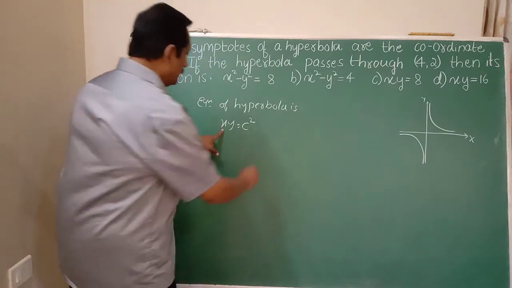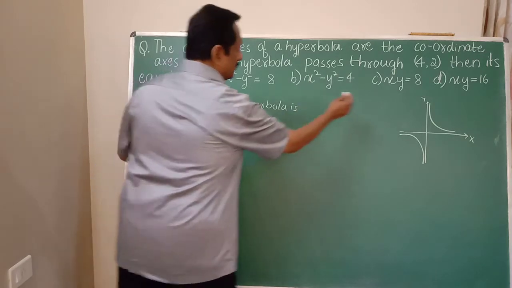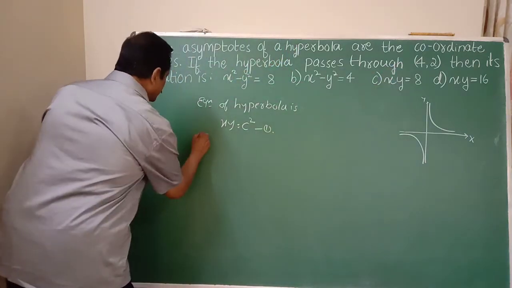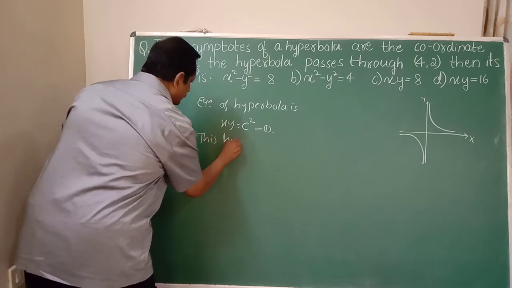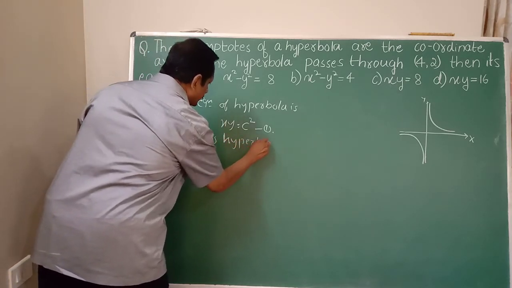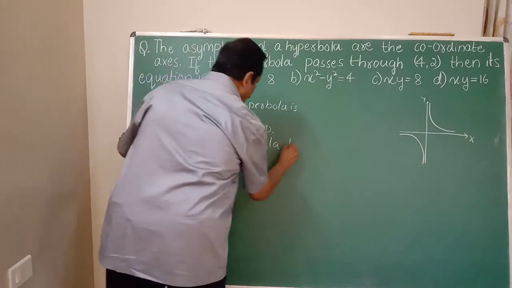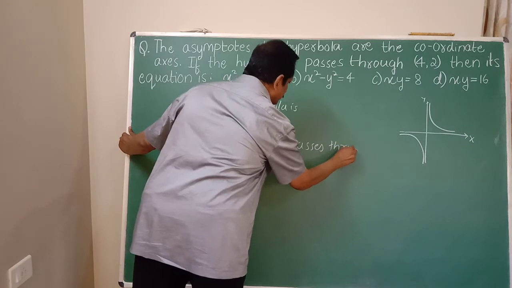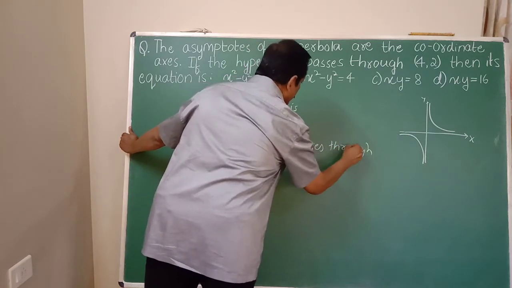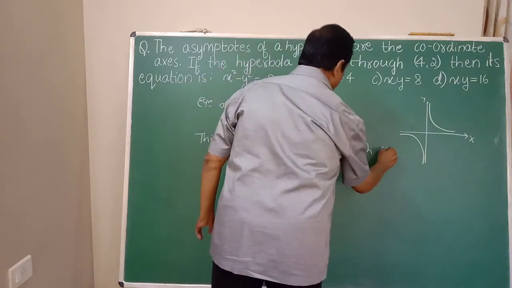This hyperbola passes through the point (4, 2).